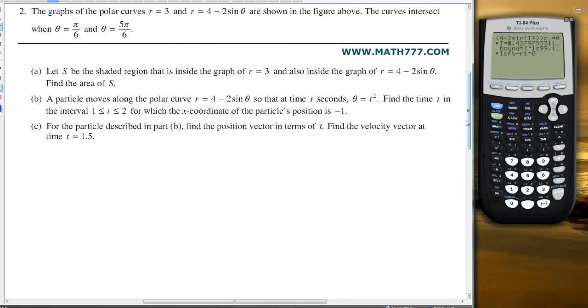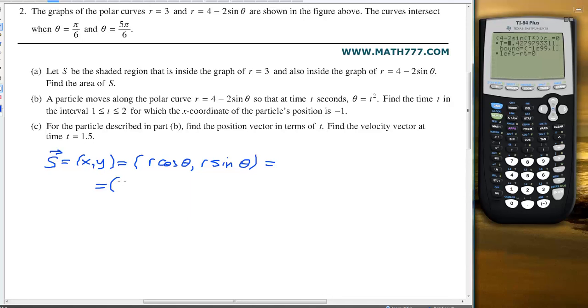And the position vector, let's denote it by S, is equal to the x and y coordinates, which is r cosine theta, comma, r sine theta. And so let's plug in all the values in terms of t.